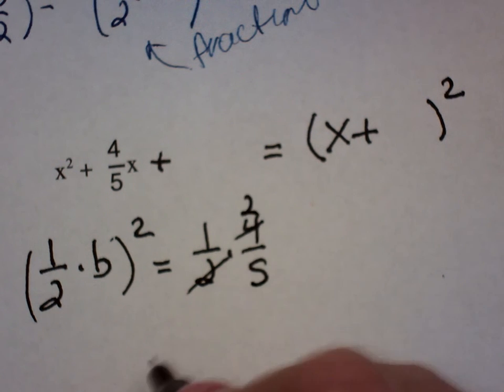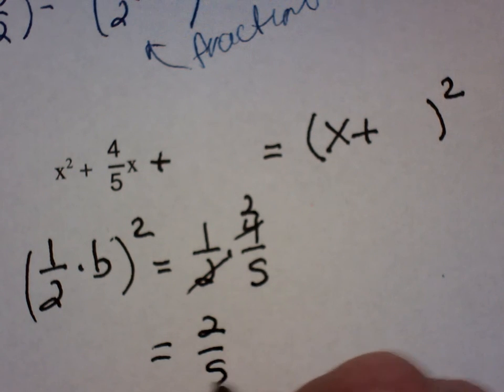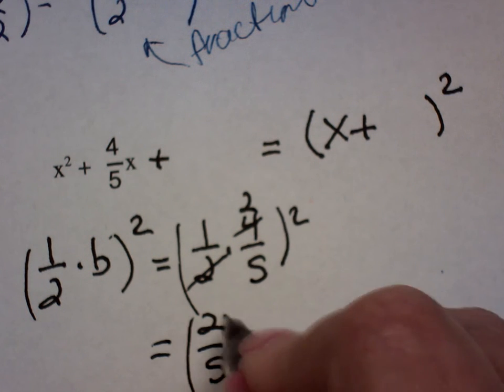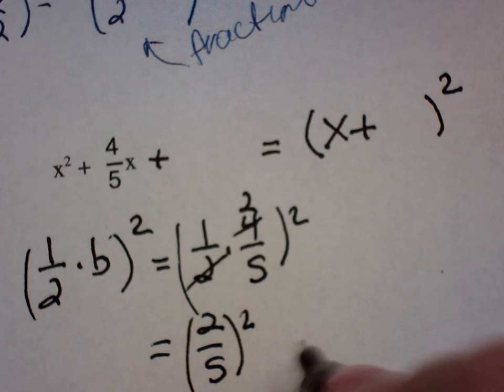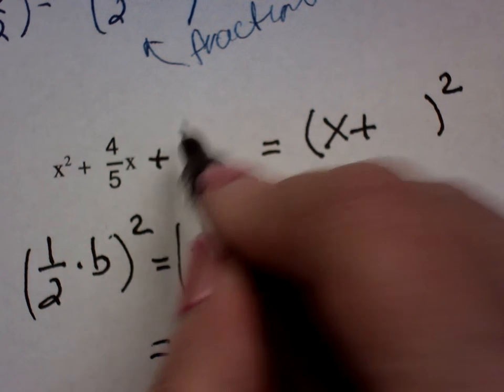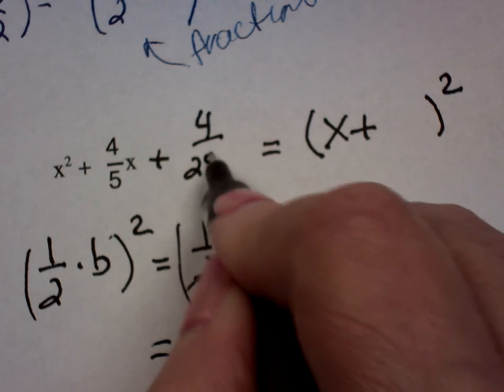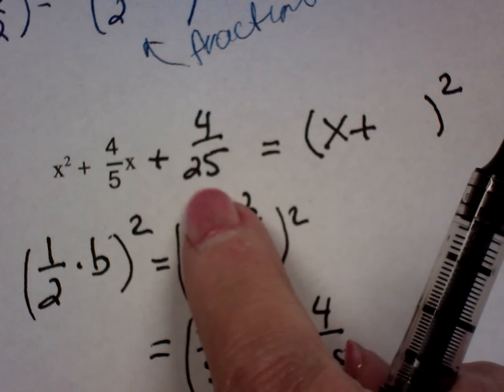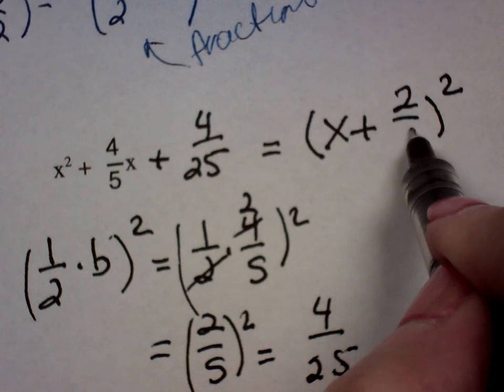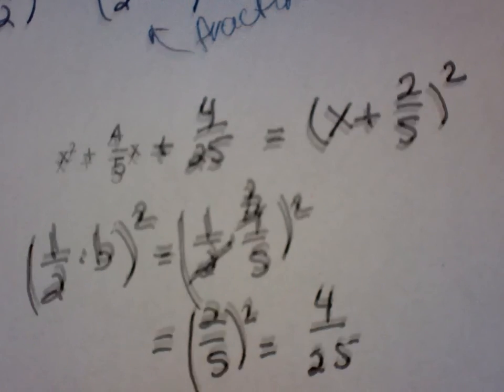Reduced down, I get 2/5. And that happens to be 4/25. But the square root, or what I squared, is what goes here. So it's 2/5.